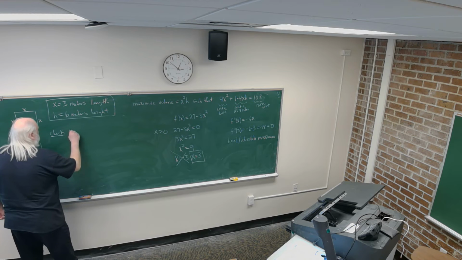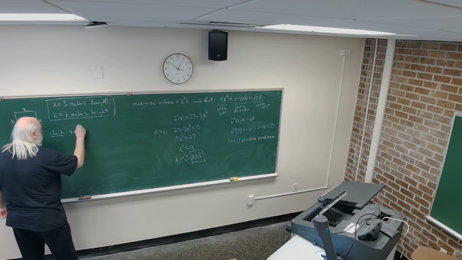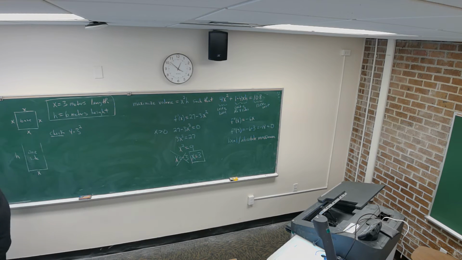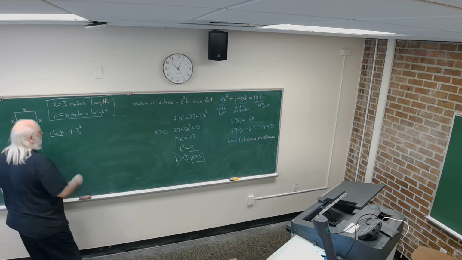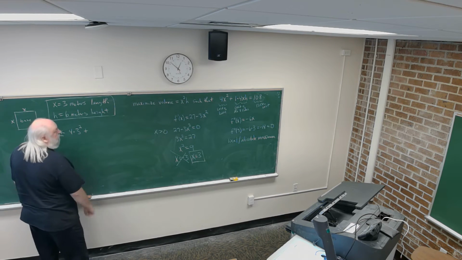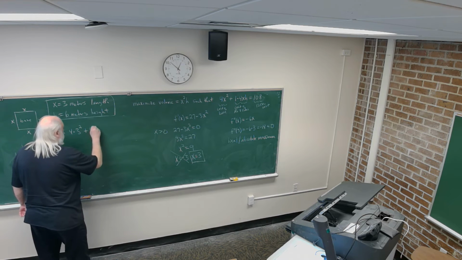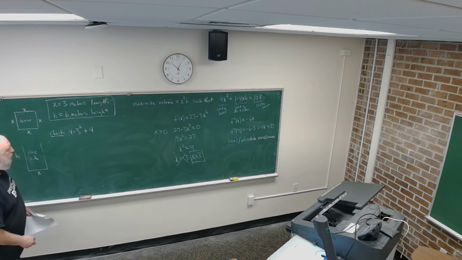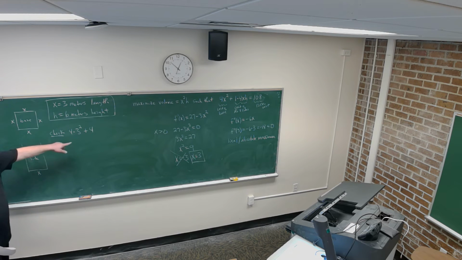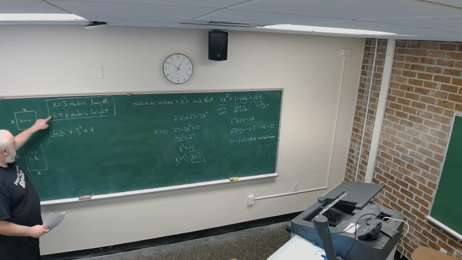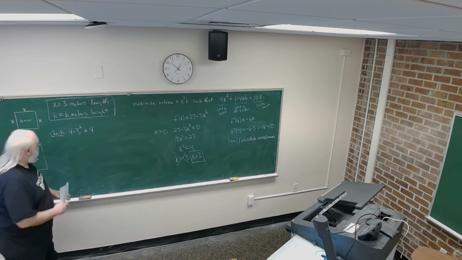So x squared is equal to 3 squared, so the base of the box is 9 square meters. The area of each side of the box is x times h, and there are 4 sides, and x times h is 18, 3 times 6.